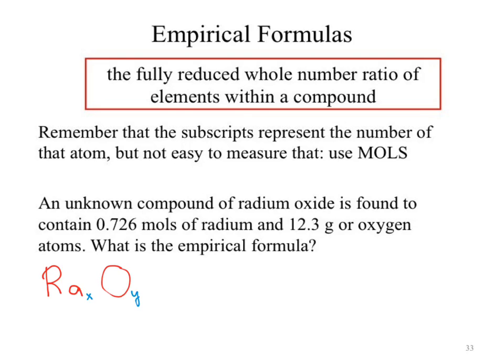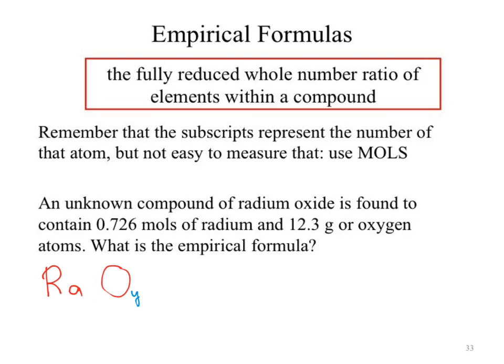What number shows up next to the radium and next to the oxygen? What is the meaning of X and Y? X is the moles of radium in radium oxide. Y is the moles of oxygen in radium oxide. Okay, do we know either of those numbers? What number do we know?